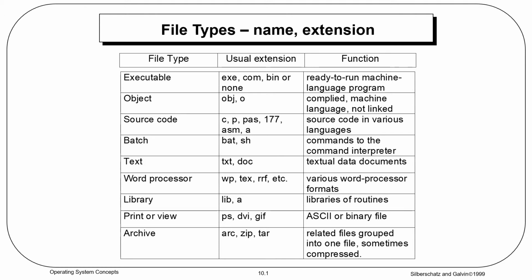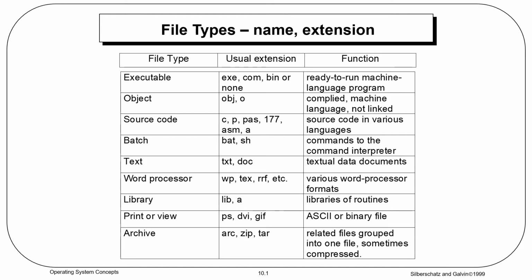Only some files with .com, .exe or .bat extensions can be executed. For example, .com and .exe files are two forms of binary executable files.